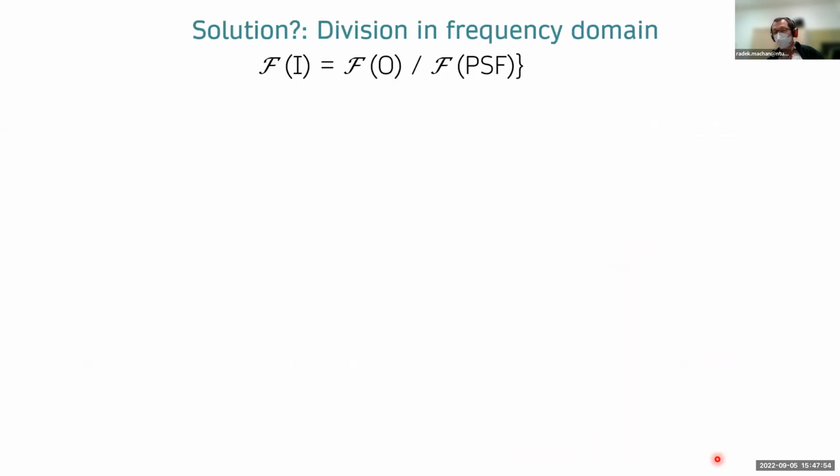So it seems like there could be a very simple solution to the initial problem with which we started. Since we can easily get the Fourier transform of the ideal image, we just perform the inverse Fourier transform and we get the ideal image, and we have no problem, right? That seems very promising, so let's give it a try.